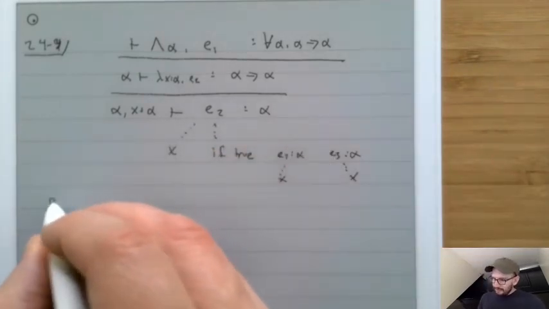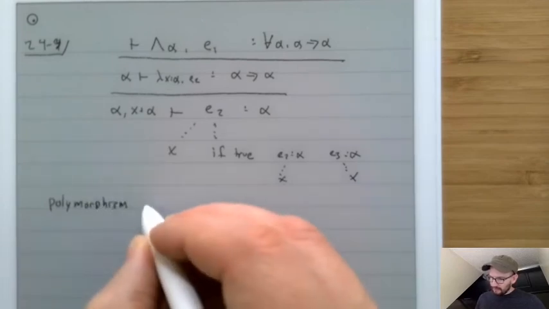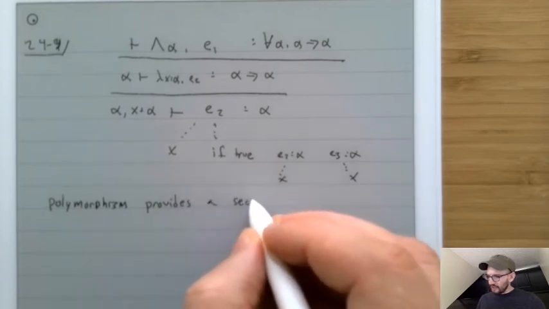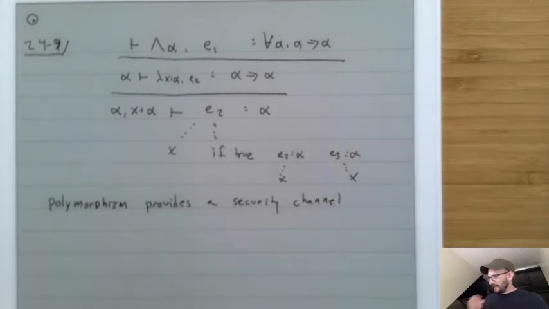So what this means is that polymorphism provides a security channel. Here's an example. Imagine that I am selling the service of being a safety deposit box. It would be really bad if you put something into the safety deposit box at the Bank of J, and then I could go in and change it to be something else. You thought you put in a 42 and you'd like to come back and get a 42.